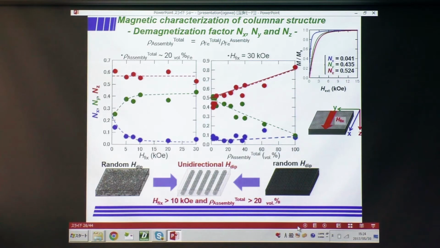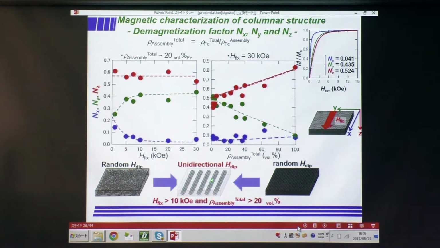And we investigate the demagnetization factor for each direction of the sample, X, Y, Z direction. Very simply saying, in the high field region and the low concentration of iron nanoparticle, we realize the unidirectional state of HD.